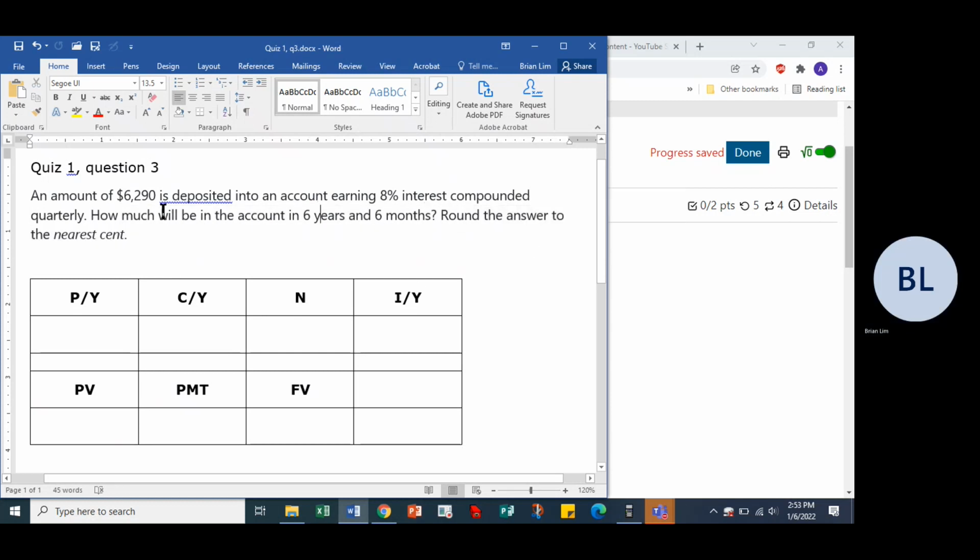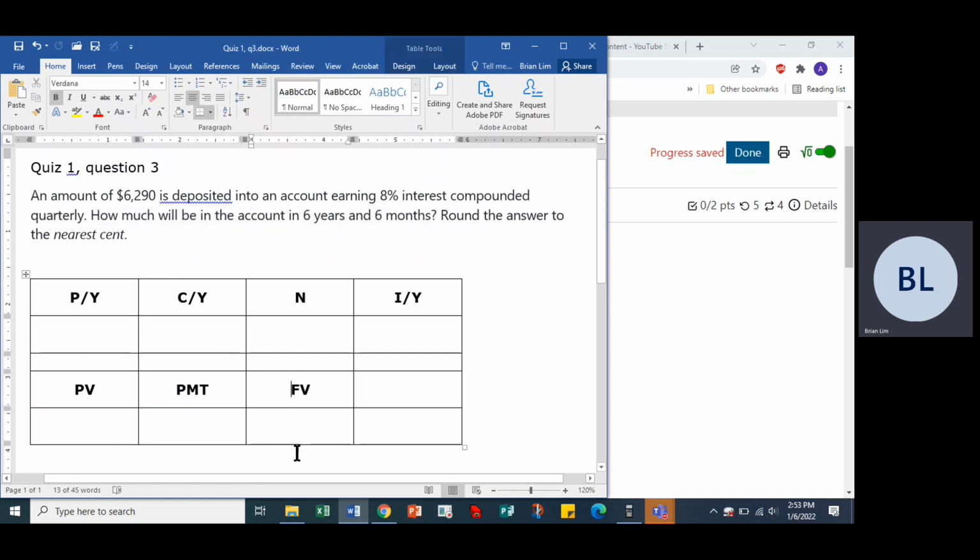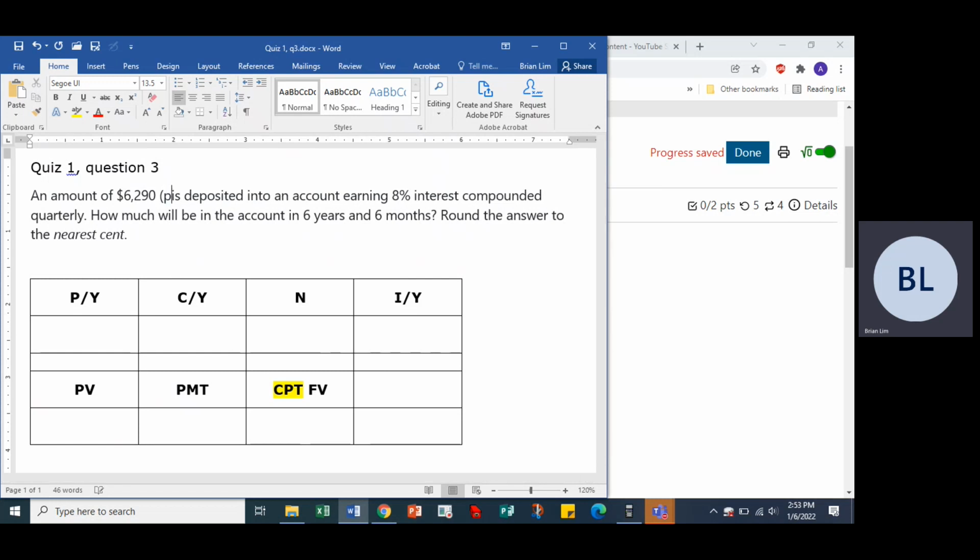So what we are required to do here is find how much will be in the account in 6 years and 6 months. That is the future value. So we will be computing the future value right here. Okay, so let's make some sense out of the data we were given. 6,290 is deposited, so that 6,290 would be the present value.